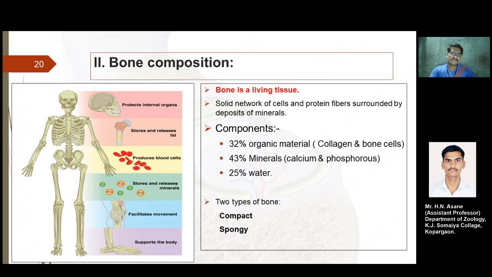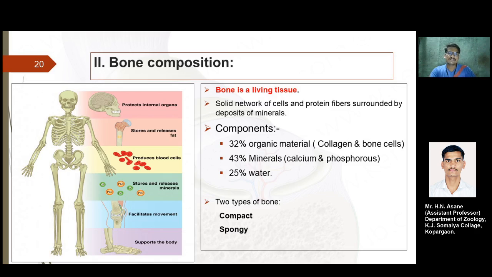Bones also produce blood cells; we all know that hematopoiesis occurs in the long bones and the ribs, producing the red blood cells, and it also produces leukocytes. Bone also stores and releases minerals, as we all know. It is made up of minerals, that is, calcium and phosphorus.